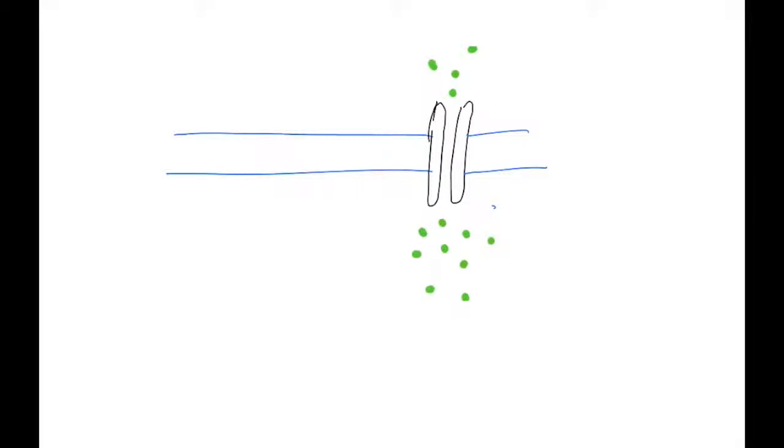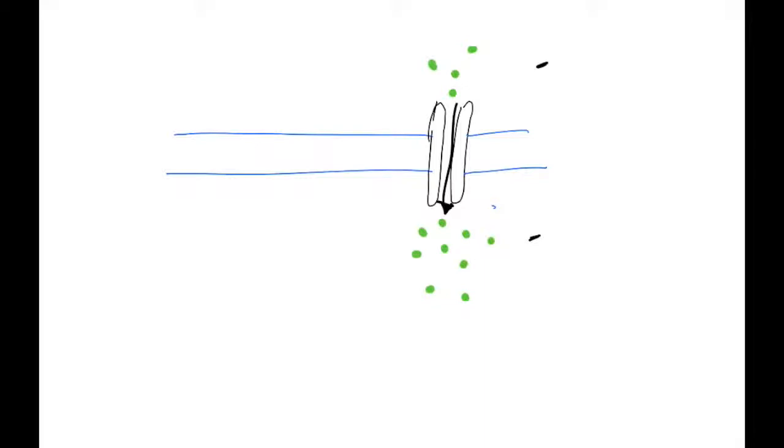So, if I give you a direction, now you'll be able to determine whether that process requires energy or not based on very simple observation. So if I draw the arrow like this, indicating that the molecules are moving from this side to this side, you can then determine whether that's an active or passive transport. Now, is that active or passive?